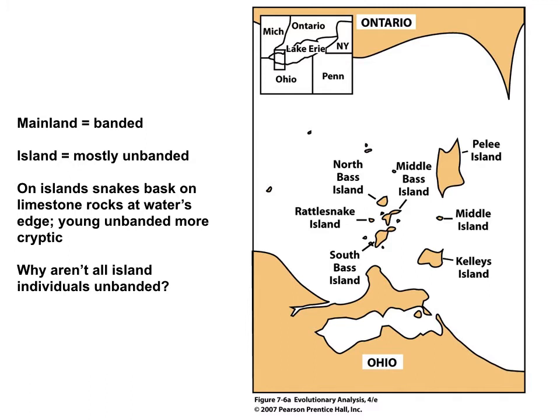So here we have this classic sort of continental populations, island populations. Looking at the different island populations, you have a constant migration of these water snakes out to the islands, and so you have to say, okay, if the big populations on the mainland are all banded and there's this constant migration out to the islands, how come all of the populations out on the islands are not also banded, because you have these big continental populations?